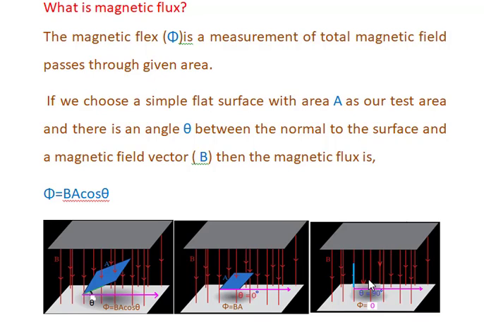And then if the test area, the surface area, is kept vertical, that is parallel to the magnetic lines of force and perpendicular to the magnetic surface area, the angle between these is 90 degrees. So we will have zero magnetic flux in the surface area.